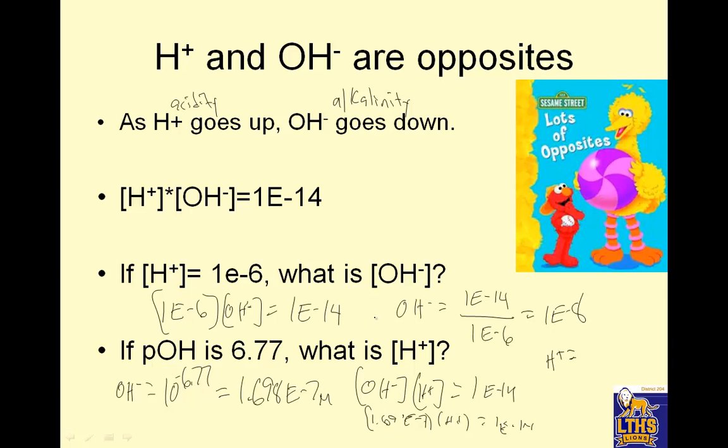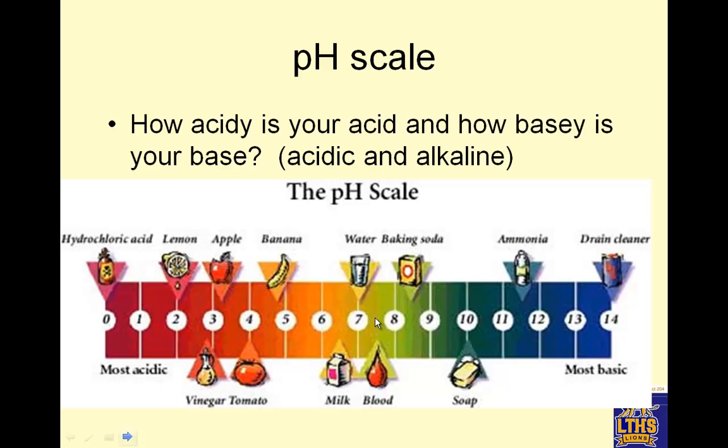So H positive is going to equal 1 E negative 14 over 1.698 E negative 7. And I'll bust out a calculator for that one. 1, second E, negative 14, divided by 1.698, second E, negative 7, equals 5.89 E negative 8 molar. Ding.